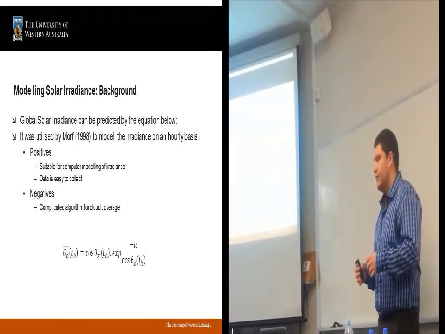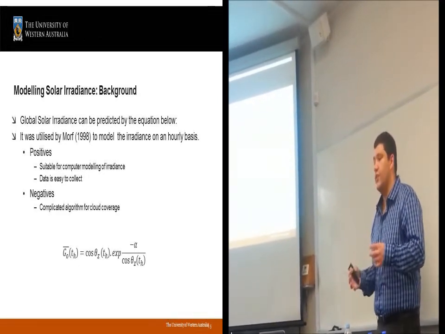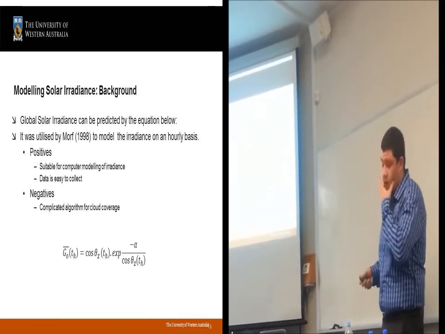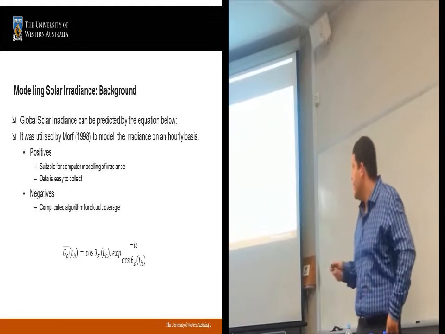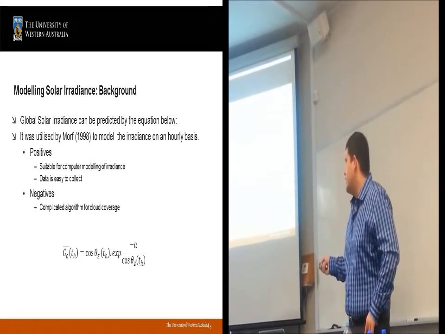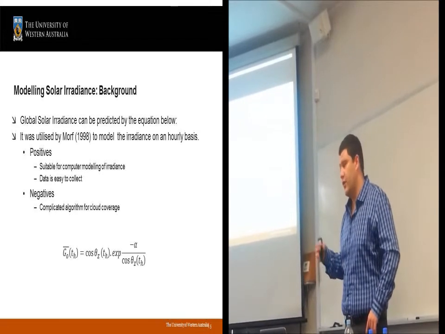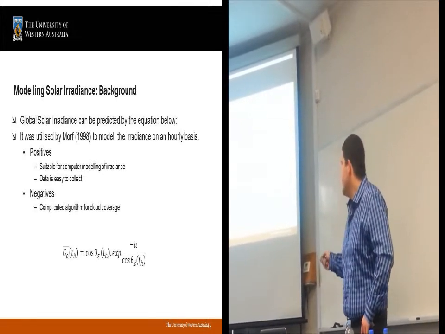So any standard solar measuring equipment utilised will be able to give us the data we need. One of the negatives is the complicated algorithm for cloud coverage, which we worked on developing.